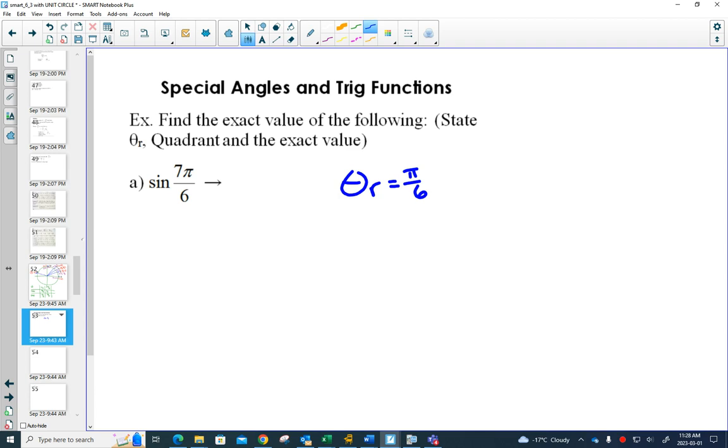So the second thing I have to determine is where is 7 pi over 6. And since that one's on your unit circle, you might easily be able to see that it's quadrant 3. And according to your CAST rule, sine is negative in quadrant 3. So the quadrant 3 tells us it's negative. The pi over 6 tells us it's a half.